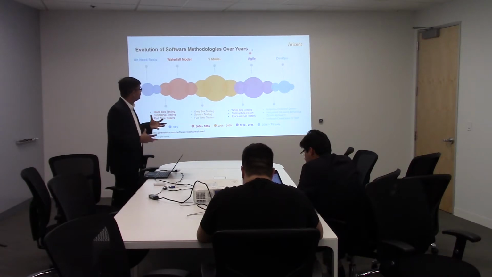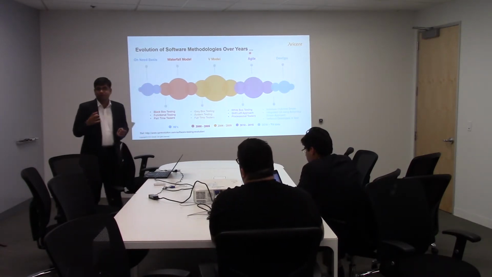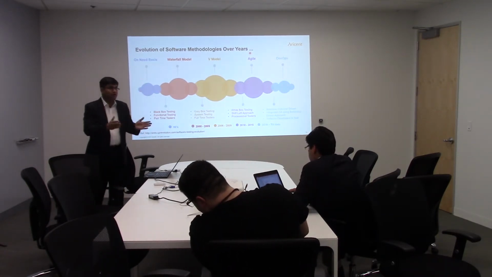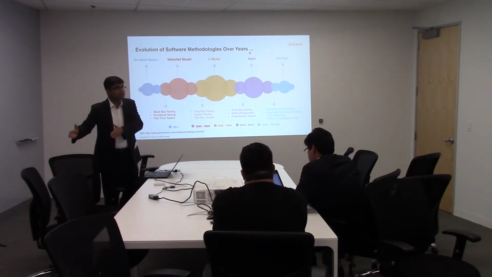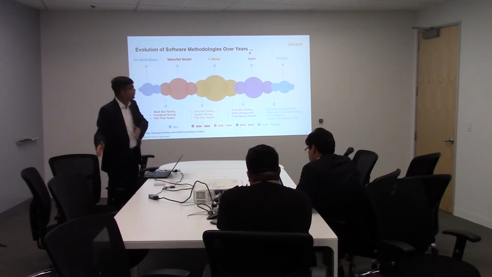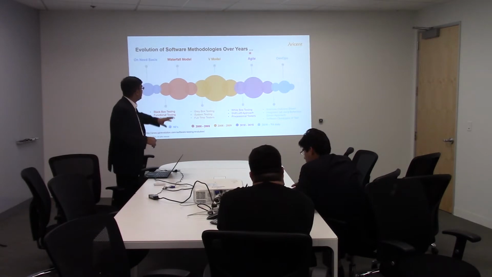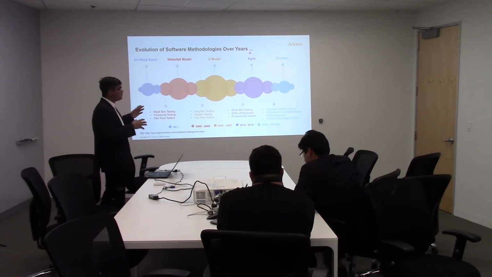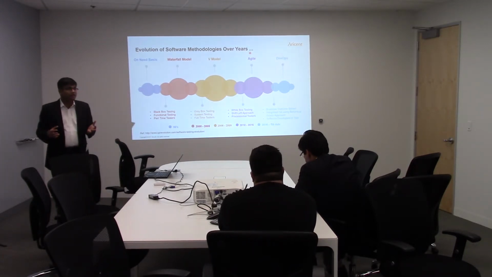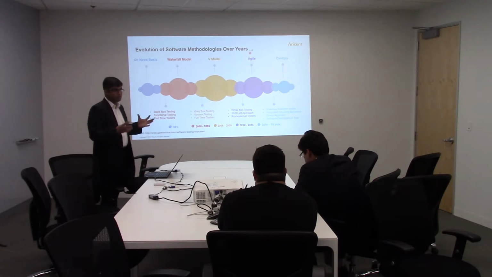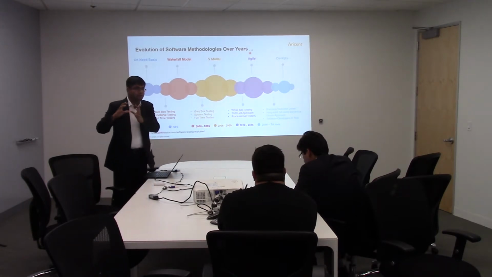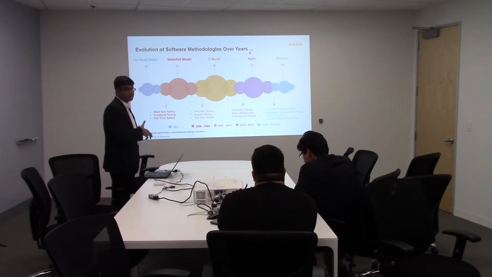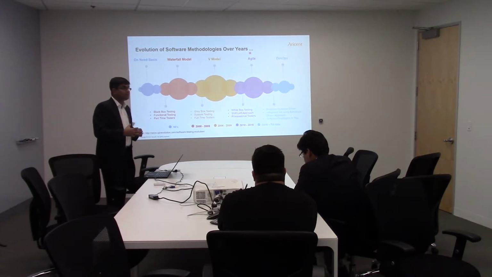We are running those sprints, doing the development, doing the testing, completing that piece, putting it in the finished product bag, and then taking another item from the backlog. So this is what Agile is like. We are not trying to boil the entire ocean, rather we are taking smaller pieces, ensuring it is finished, putting it in the finished bin, and then only taking the next part. So that is Agile, right?